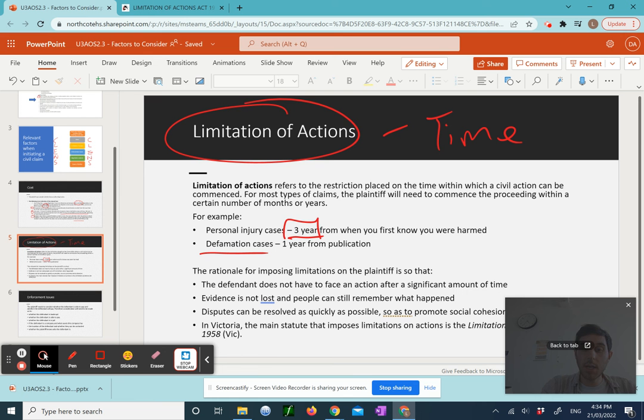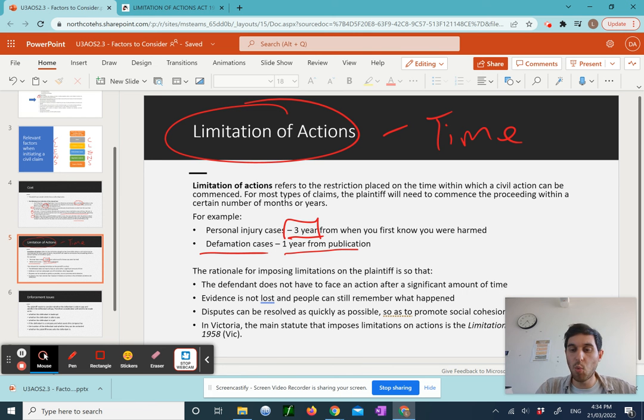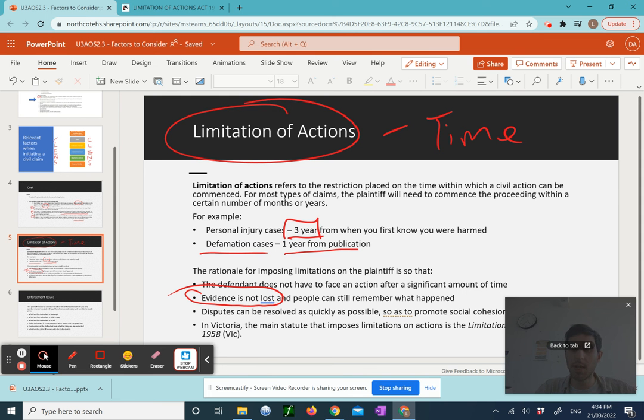And then defamation cases, another example for you: you have 1 year from the date of the publication of that defamatory comment. You've got 1 year to sue that person. Now, the reason we put a time limit on these things is, the longer we wait before we sue someone, the more evidence is lost. It can make it really hard to defend yourself if it's too long in the past, that sort of thing.